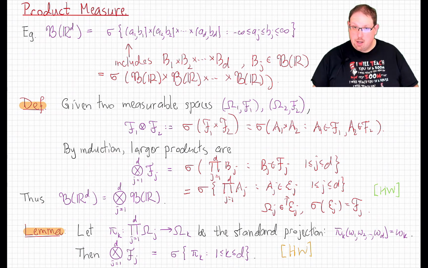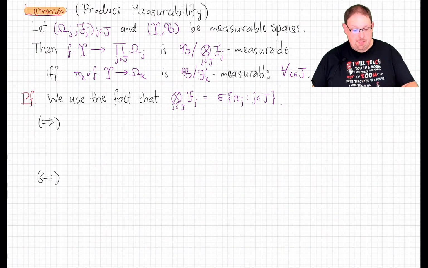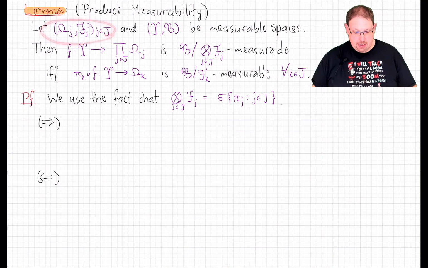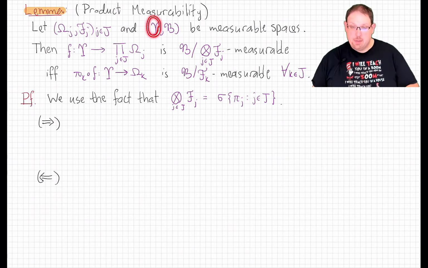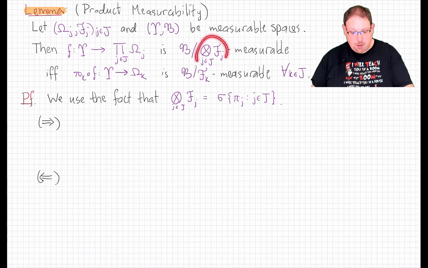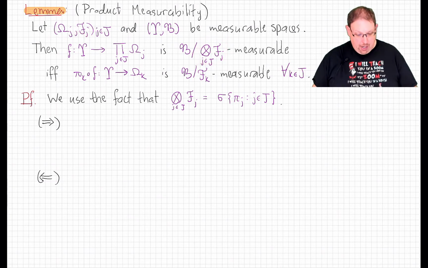Now, while we're on the topic of sigma fields generated by measurable maps, let's talk about measurability with respect to the product sigma field in the range. Suppose that I have a collection of measurable spaces and another measurable space, and I have a function from the space upsilon to the Cartesian product that is measurable with respect to this sigma field in the domain and the product sigma field in the range.